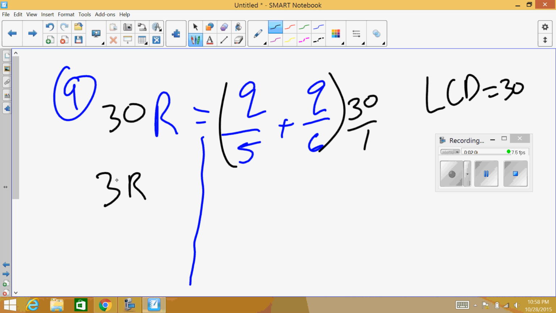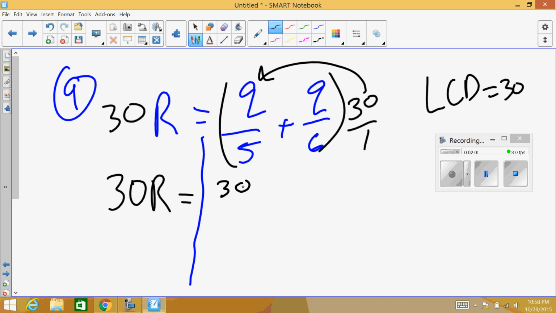So I get 30r equals, distribute this 30 over 1, 30q over 5 plus 30q over 6.